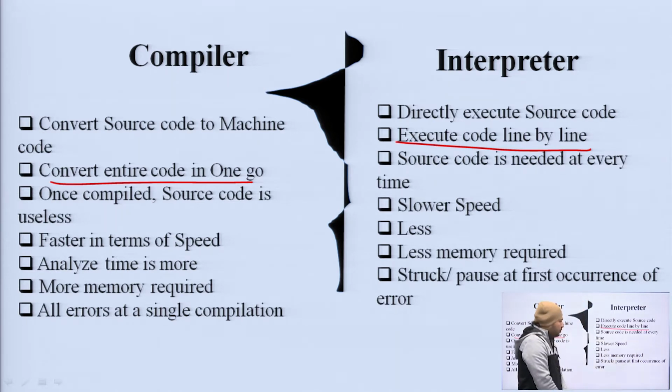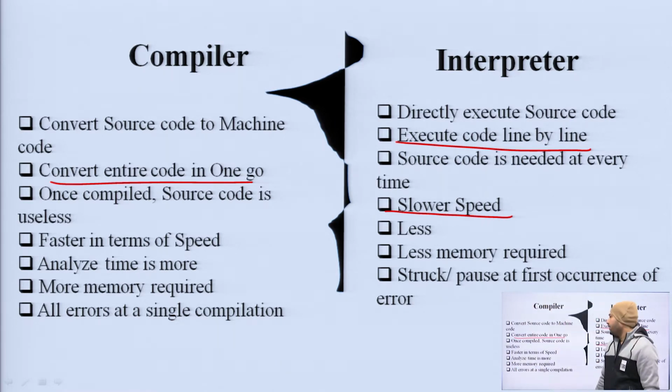What's more, the overall processing speed of the interpreter is quite slower as compared to the compiler. The analyzing time in the interpreter is also higher as compared to the compiler.